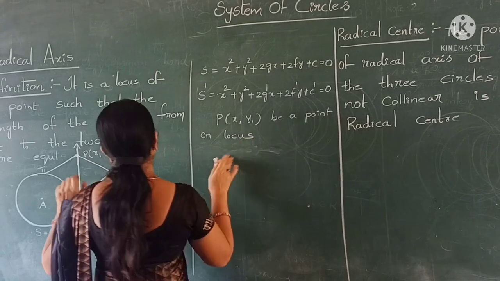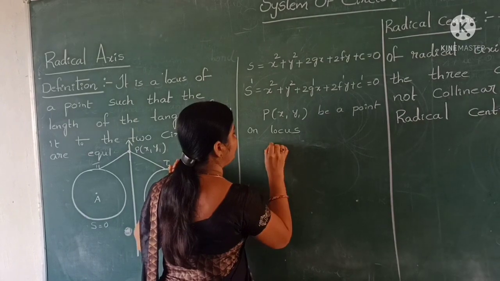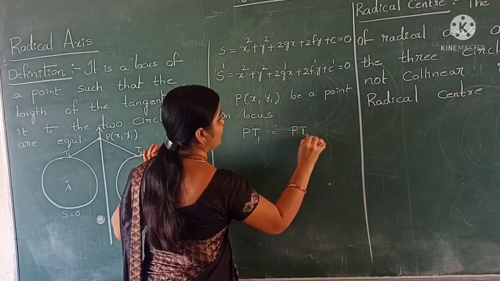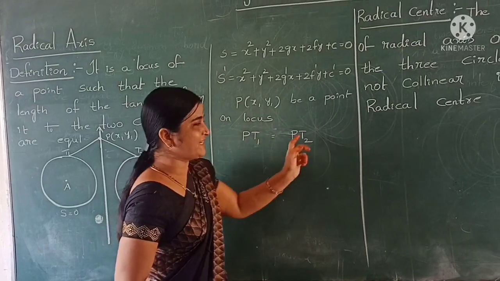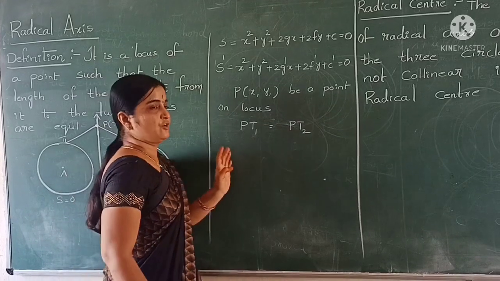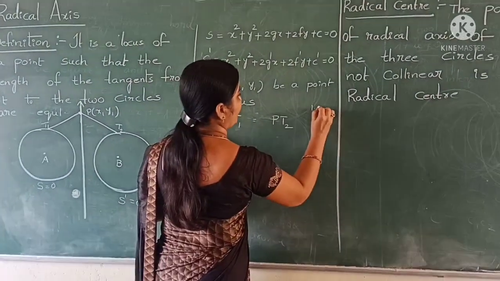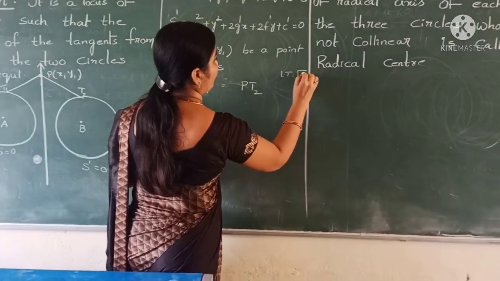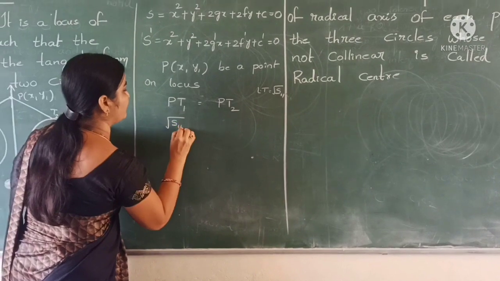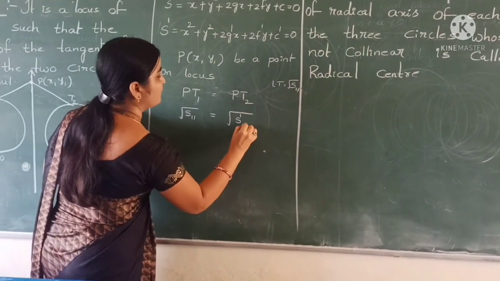So the tangents from the two circles are equal, that is P t1 is equal to P t2. These are the lengths of the tangents. What is the formula for the length of the tangent? Length of the tangent formula is root over s11. Here we have to write root s11 is equal to root over s dash 11.